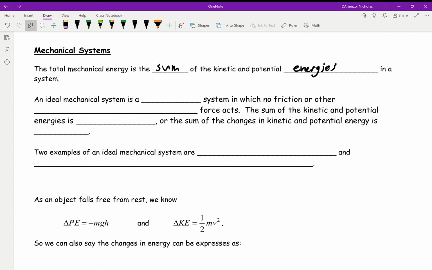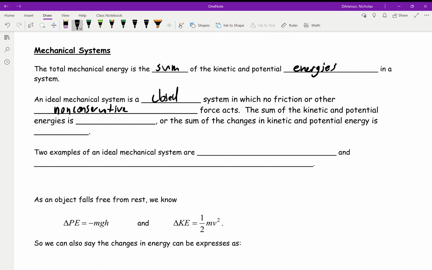Now, an ideal mechanical system is a closed system in which no friction or any other non-conservative force acts.